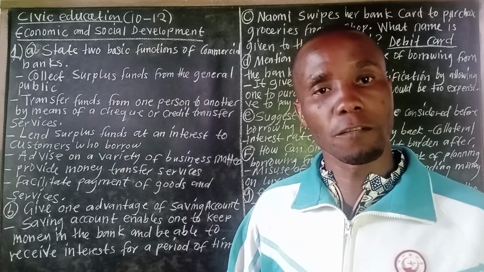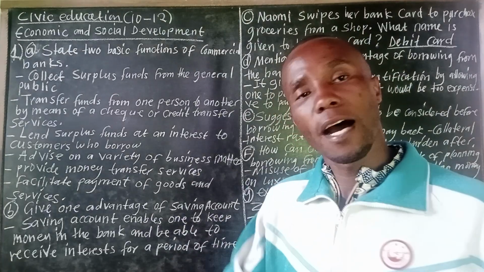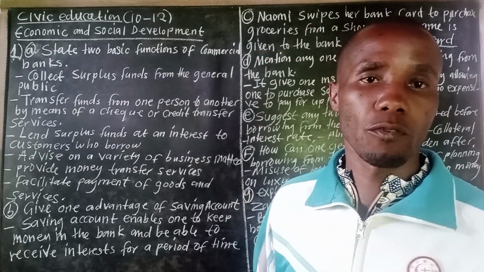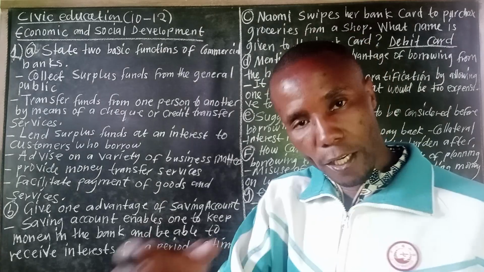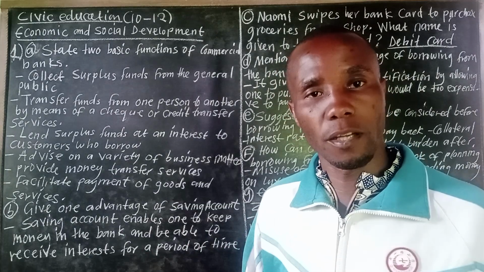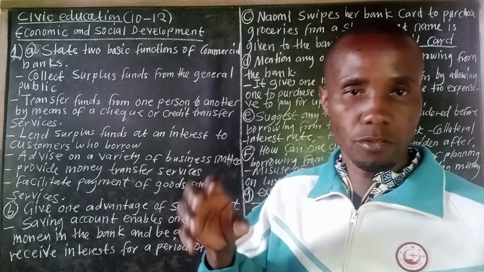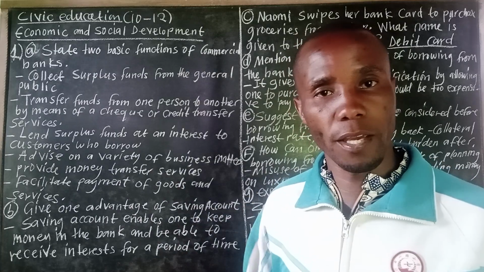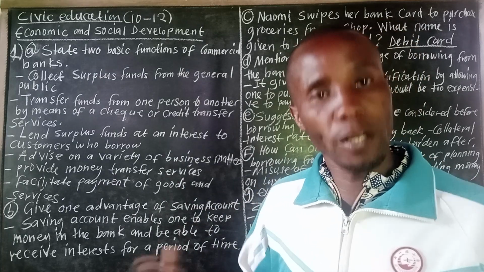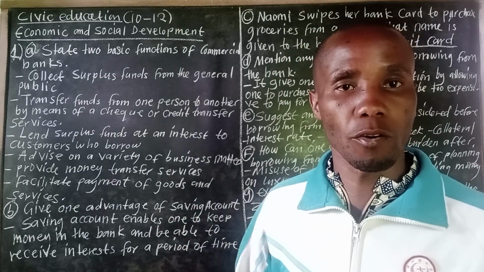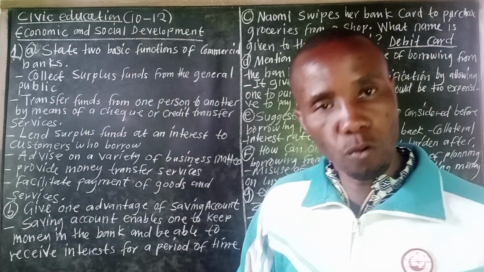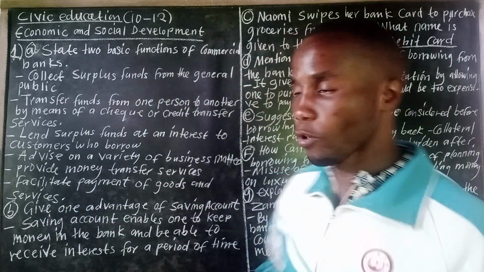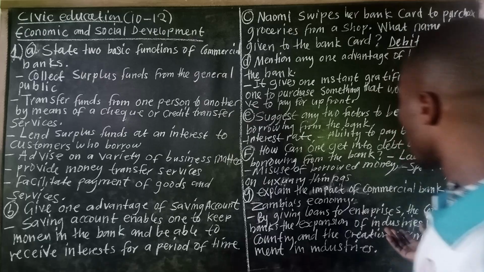Once their companies are expanded, they will be able to get people in a nation like Zambia. They will start employing people for manpower. And what do we expect to happen to the economy? The economy will grow, because of the commercial banks.